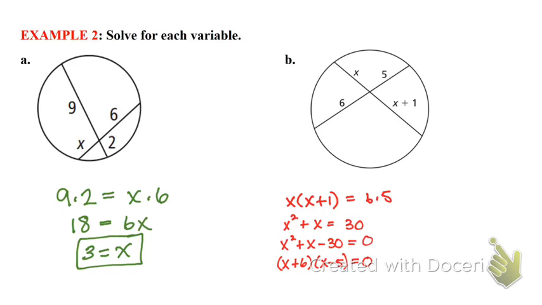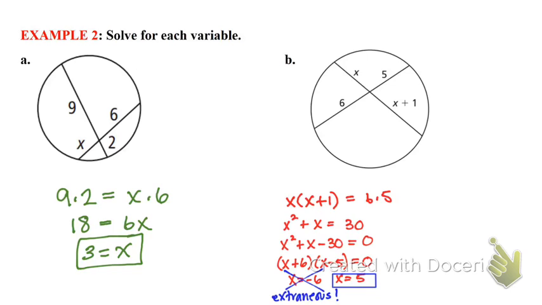Now, in order for this equation to be true, either one of those expressions has to be equal to 0. And so you know from the first expression that x could be negative 6, and from the second, x could be 5. So we write down x equals negative 6 and x equals 5. Then we think about it. X can't be negative 6, it's a length, okay?